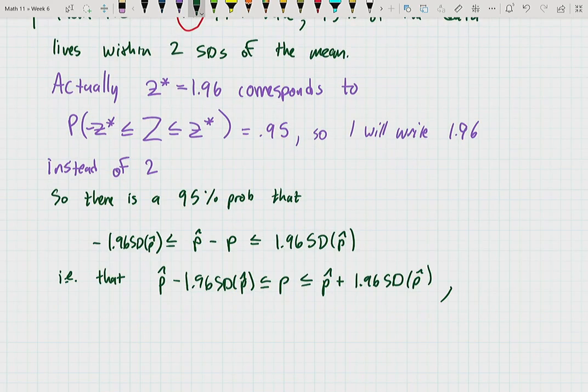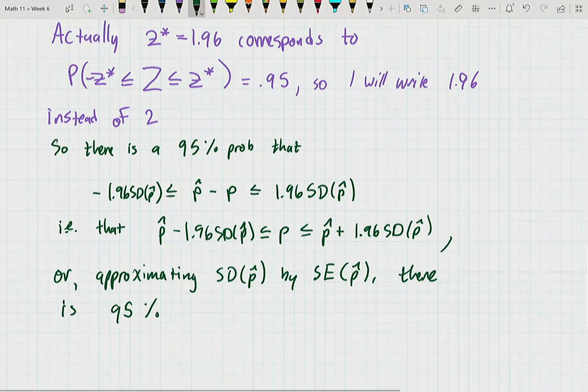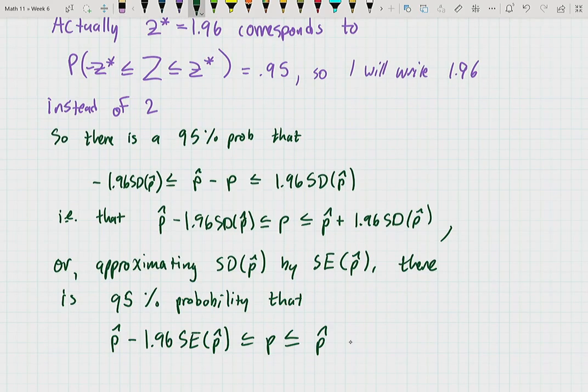Or, approximating the standard deviation of p hat by the standard error of p hat, there is 95% probability that p hat minus 1.96 times the standard error of p hat is less than p hat plus 1.96 times the standard error of p hat.